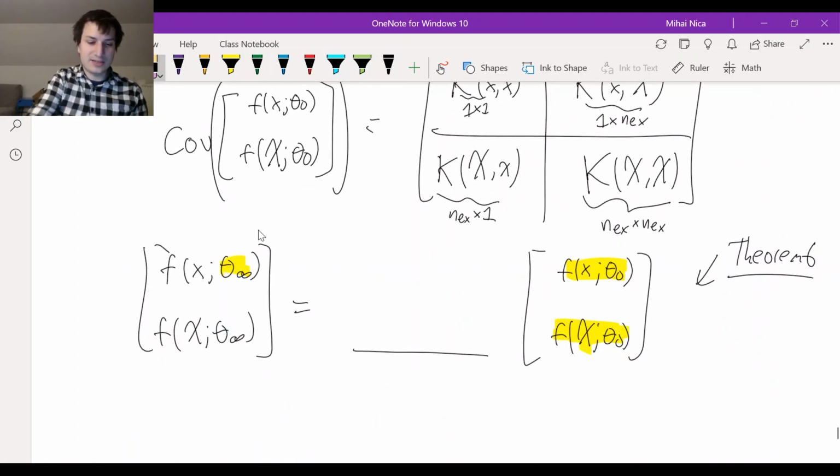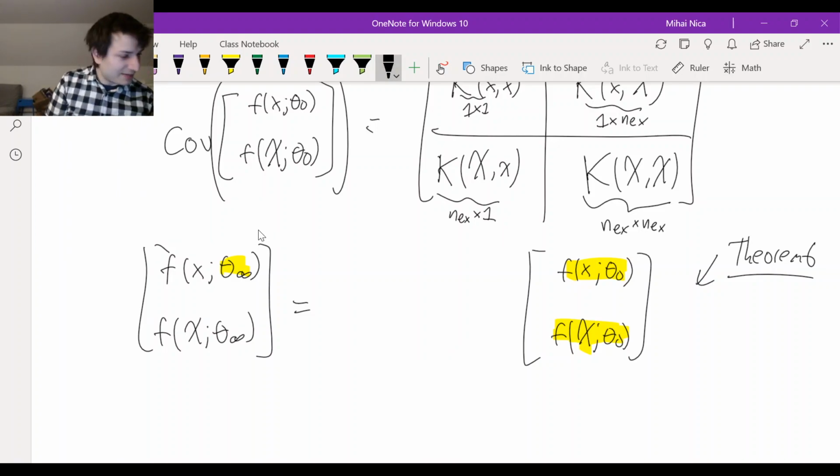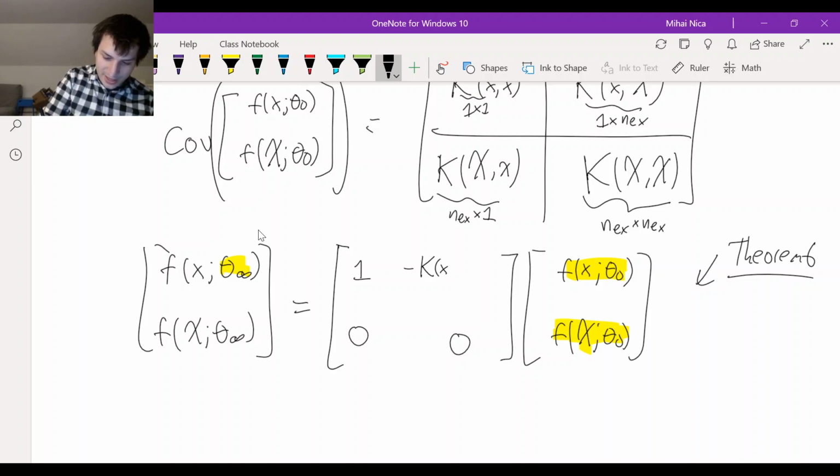So by theorem 6, if you read it this way, what does it say? It says at time infinity, there's a big matrix here: 1, 0, 0, minus k of x, x, k inverse of x, x. Again, this 0 is actually a matrix, the nx by nx 0 matrix. Maybe I'll write it like this. This is a block matrix multiplication.